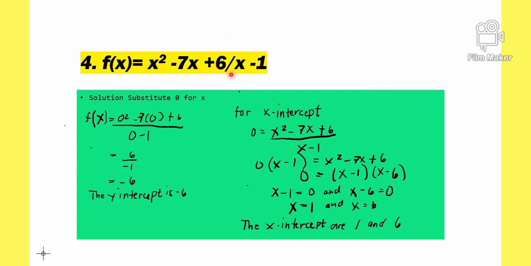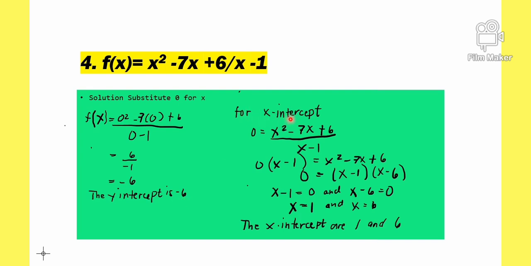So 0 squared minus 7 times 0 will be 0. The remaining will be positive 6, and then 0 minus 1 will be negative 1. So 6 divided by negative 1 is negative 6. The answer is the y-intercept is negative 6.